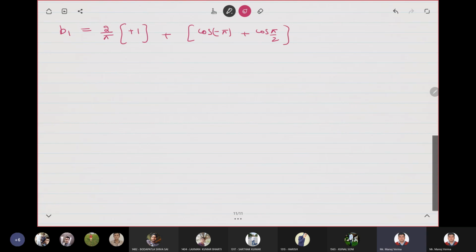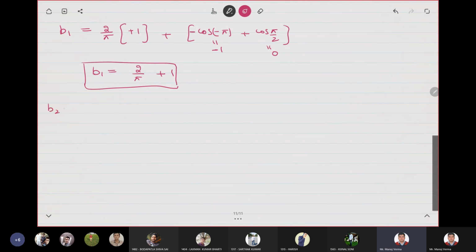So cos minus pi, or cos pi, one and the same thing, will become minus 1. Cos pi by 2 will become 0, and this was plus 1. So b1 will become 2 over pi plus 1. Minus minus will be plus. So the value of b1 coefficient is coming to be 2 by pi plus 1.